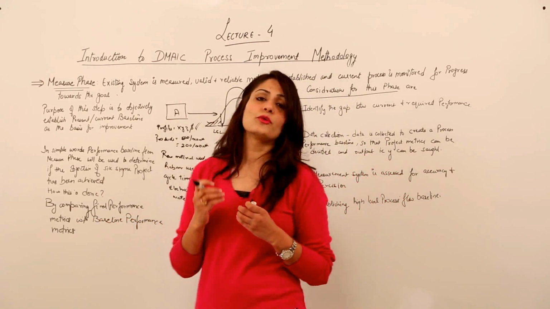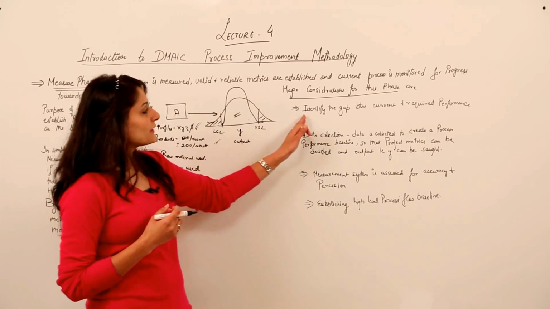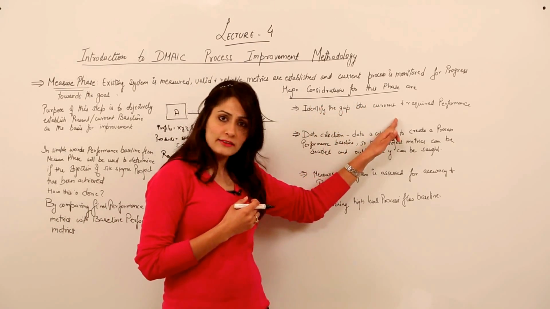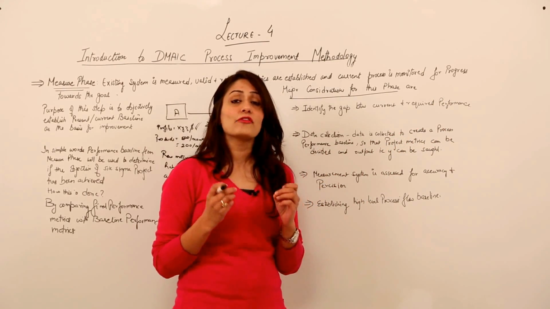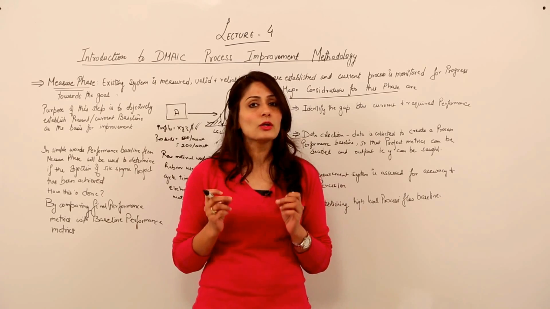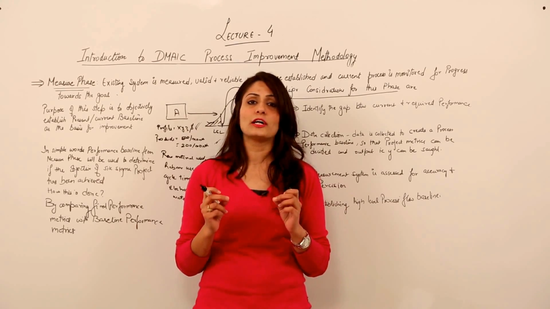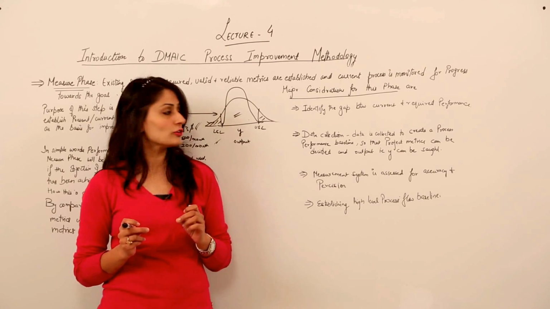If I have to give you an overview of the measure phase, it is to identify the gap between the current and the required performance. This means I will carefully analyze my current process, see what the loopholes are, and try to judge what the outcome should be after Six Sigma implementation.